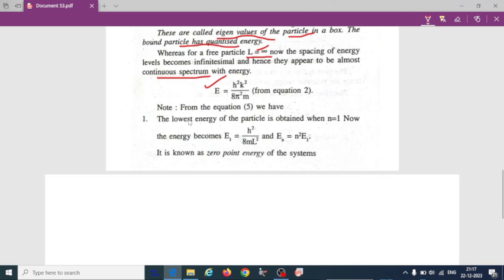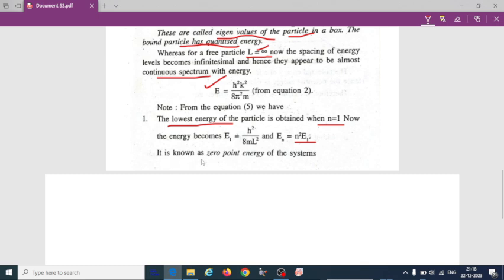So from equation 5, we can have these conditions here. First one, the lowest energy of the particle is obtained when n equal to 1. Now the energy becomes E1, h² divided by 8mL², and nth energy we can write En is equal to n² times E1. In general we can write here.